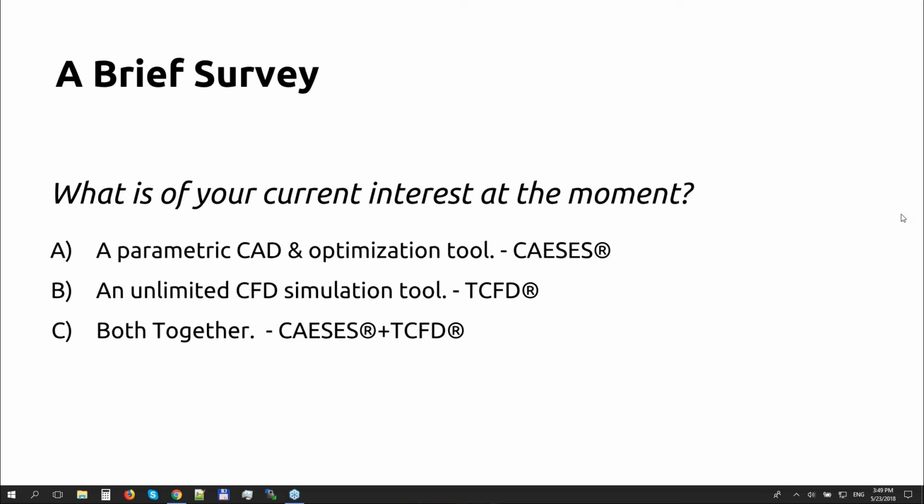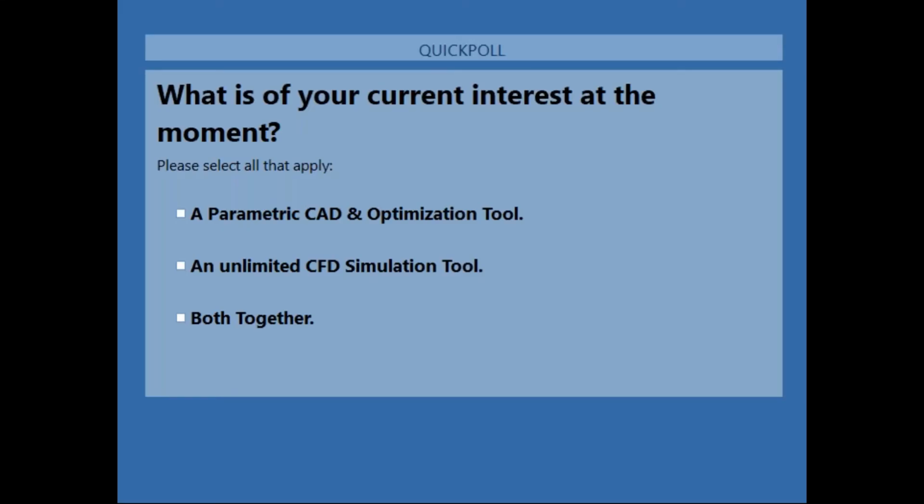So I will run a little survey here, and on your screens in a minute a poll should appear where you can answer. I hope you can see it now, and I would like to ask you to answer what you are interested in. It's anonymous, so don't worry about saying something wrong.